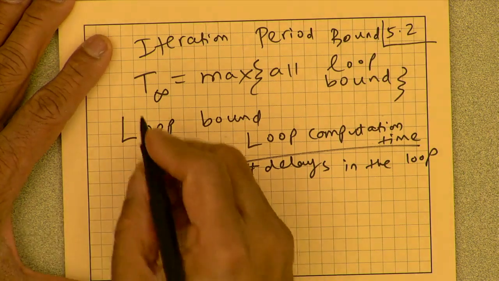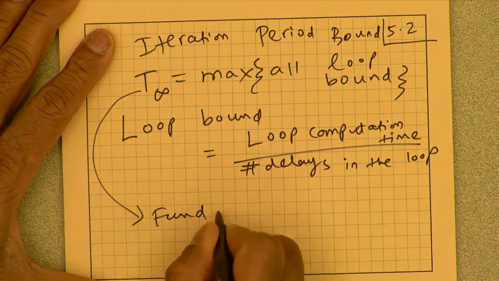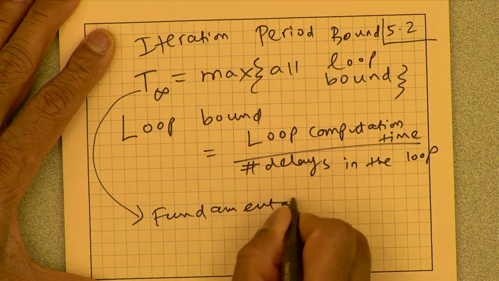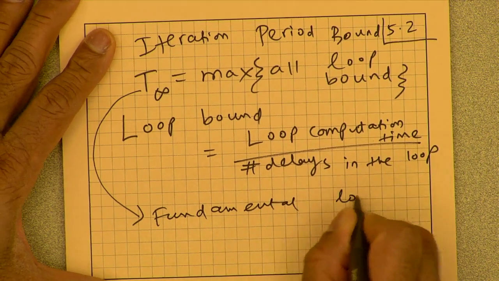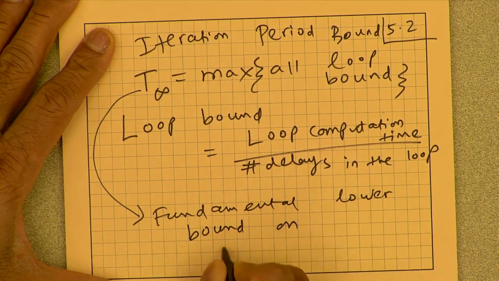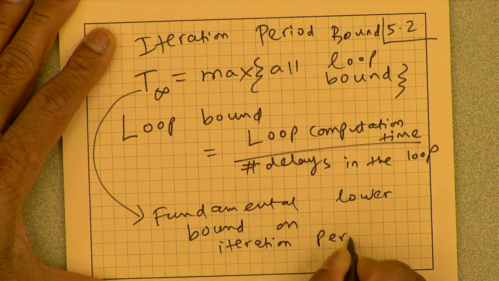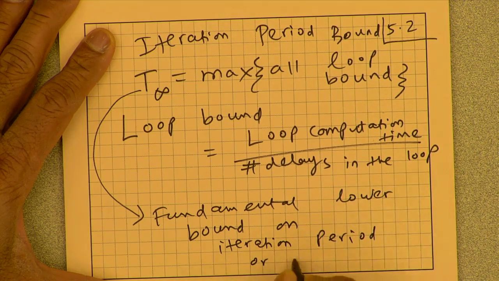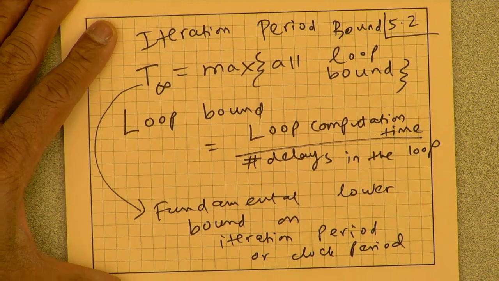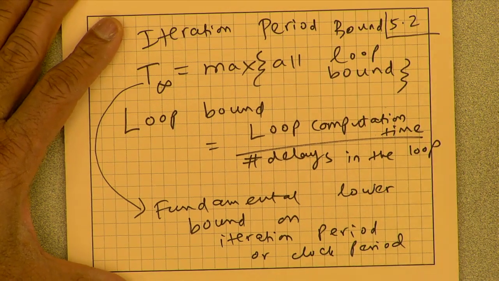So the iteration period bound is a fundamental lower bound on the iteration period, or if you want to think about that in single input, single output systems, clock period.